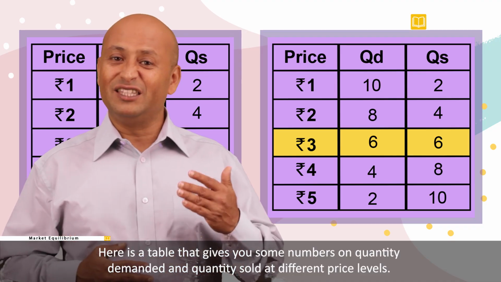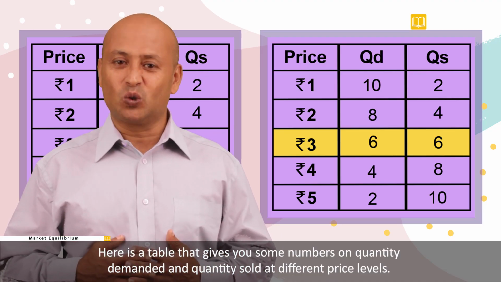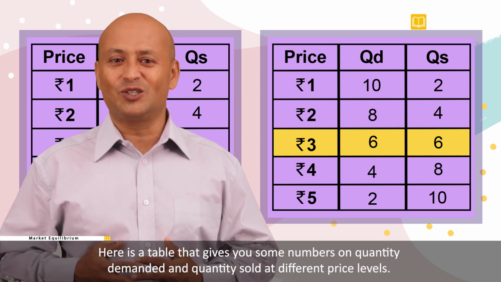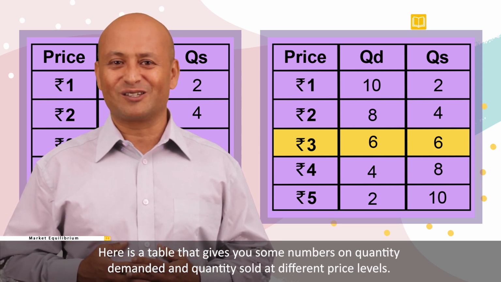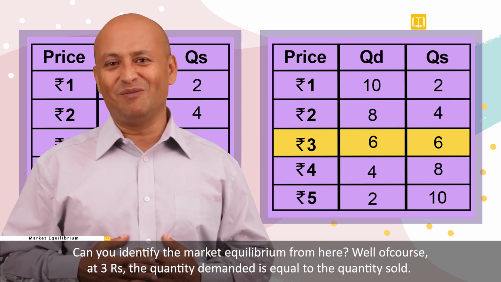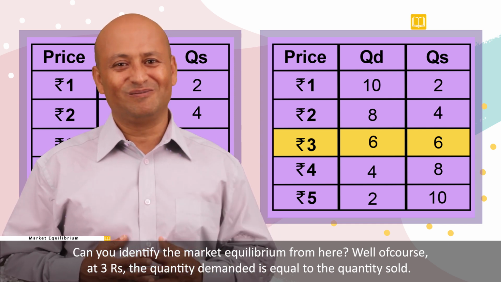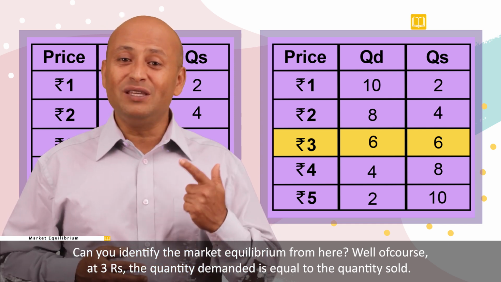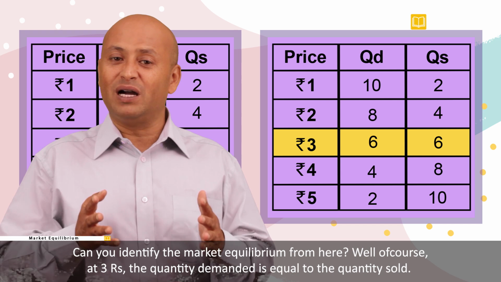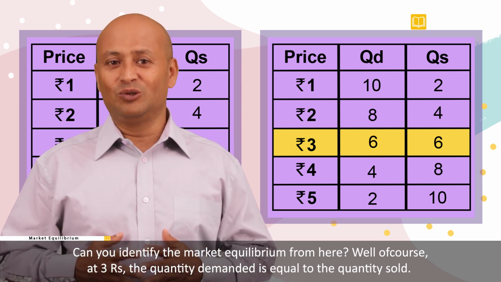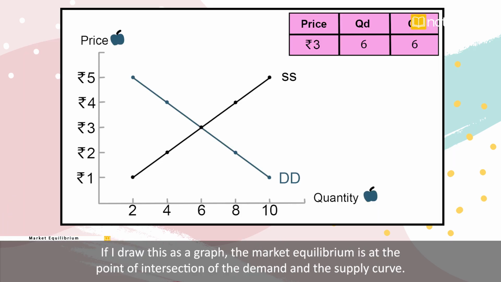Here is a table that gives you some numbers on quantity demanded and quantity sold at different price levels. Can you identify the market equilibrium from here? Well, of course, at rupees 3, the quantity demanded is equal to the quantity sold. If I draw this as a graph, the market equilibrium is at the point of intersection of the demand and the supply curve.